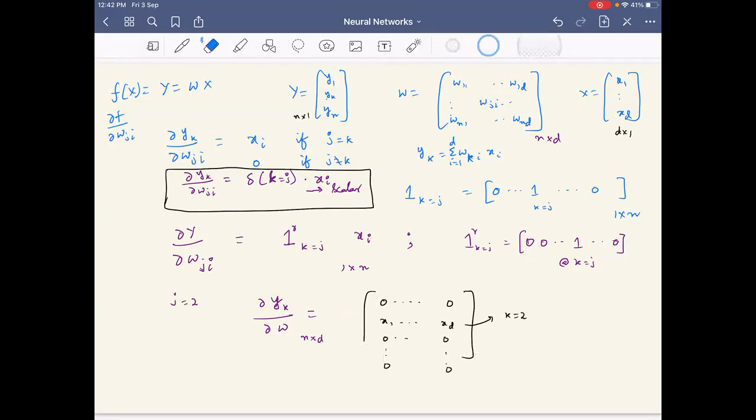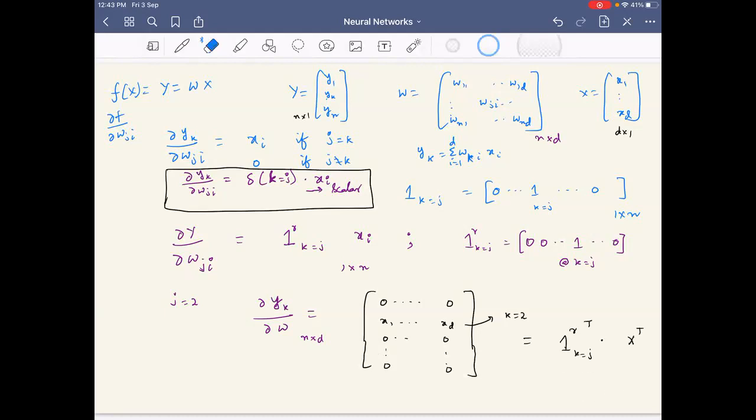Okay, that's what we get. So this can be written in different ways, but let us write it in terms of what we have defined earlier. This can be written as 1 row k equal to z. This is a row vector, 1 cross n. So we take its transpose and multiply with x. Now this is a column vector, multiplied with x transpose, which is a row vector.